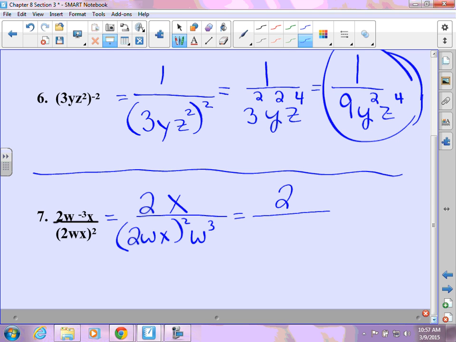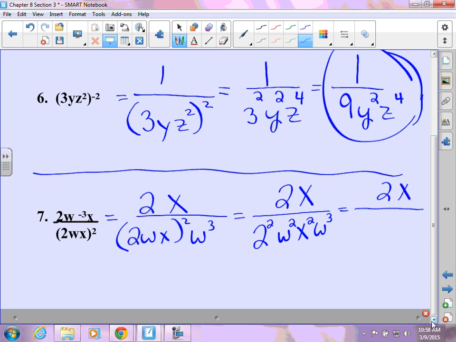I'm going to reorder, and that's what a lot of you forgot to do on your quiz, was reorder. So I'm going to leave this as 2x. I'm going to leave my 2 to the second out front. I'm going to go w squared, w to the third, and x to the second. So I'm going to put my stuff together. Now I'm going to add my exponents.